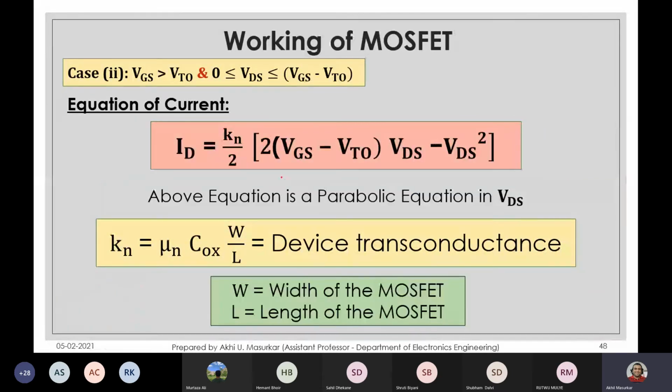Now, this same equation I have taken on the next slide. This equation is a parabolic function of VDS. I have just written here W as the width of the MOSFET and L as the length of the MOSFET, so nothing new as compared to the previous slide.